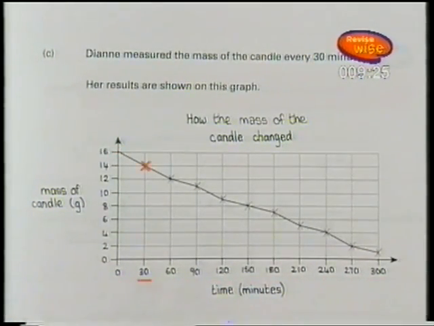Each time she took a measurement, she drew a cross on the graph to represent the result, and then she linked all the crosses. At 0 minutes, the mass of the candle was 16 grams. Then at 30 minutes, it was 14 grams. So we can see that the longer the candle burned, the smaller its mass became.